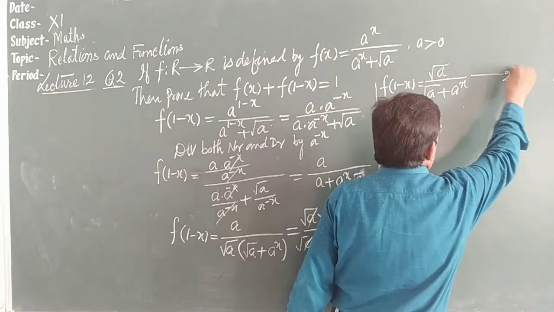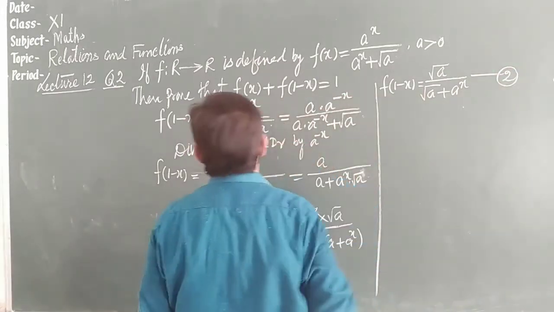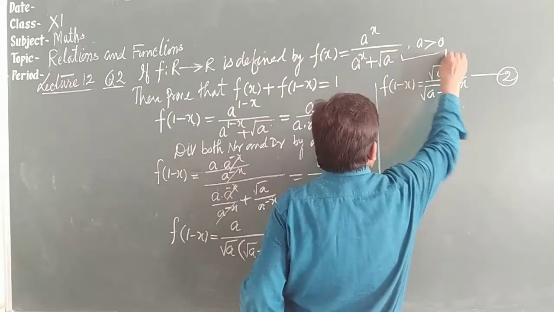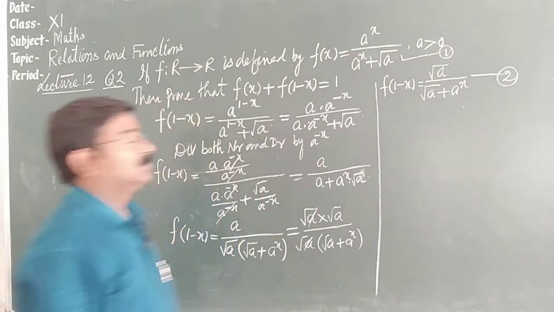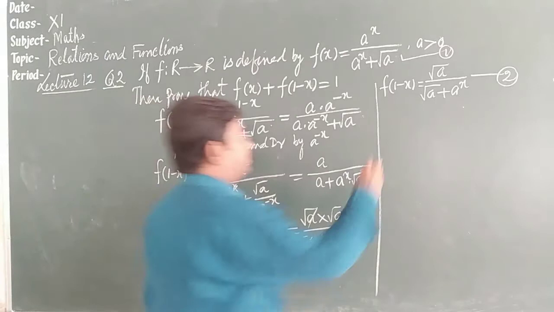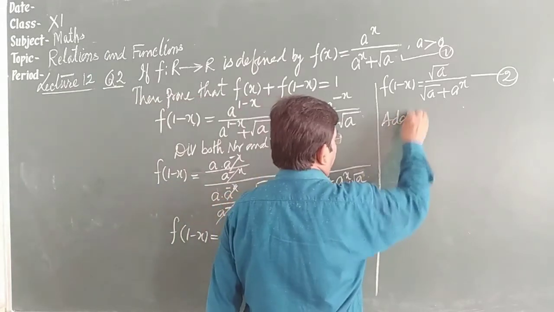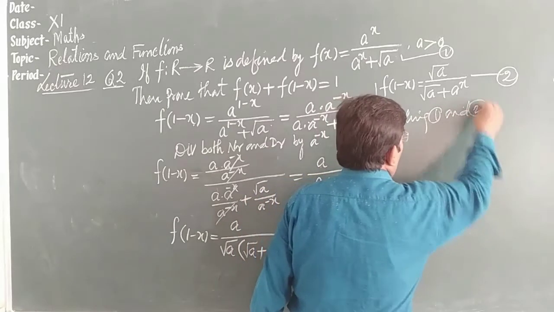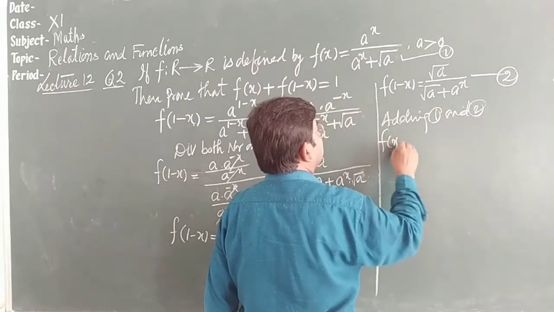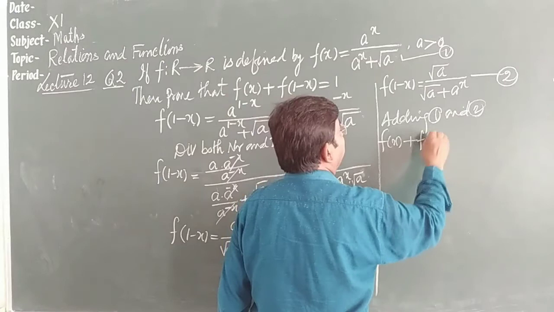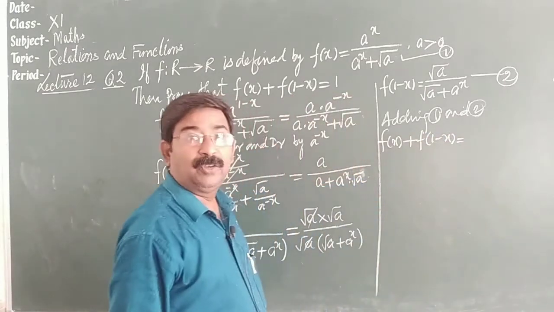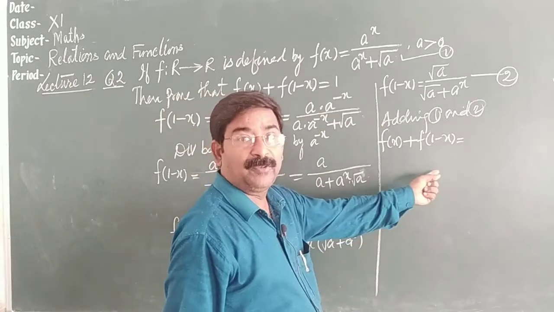Let this be equation number 2, and the one given earlier is equation number 1. Adding 1 and 2, we have f(x) plus f(1 minus x) is equal to, what is the value of f(x)?